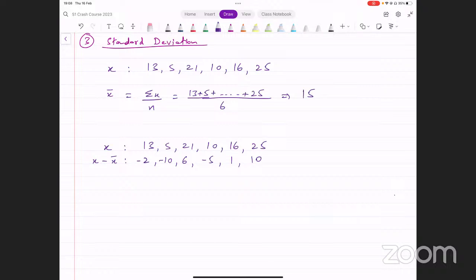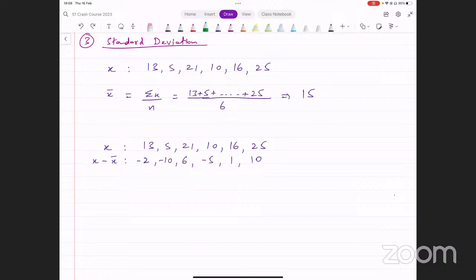And remember what I said? Standard deviation is roughly something that measures average distance from the mean. Now we have the distances from the mean.